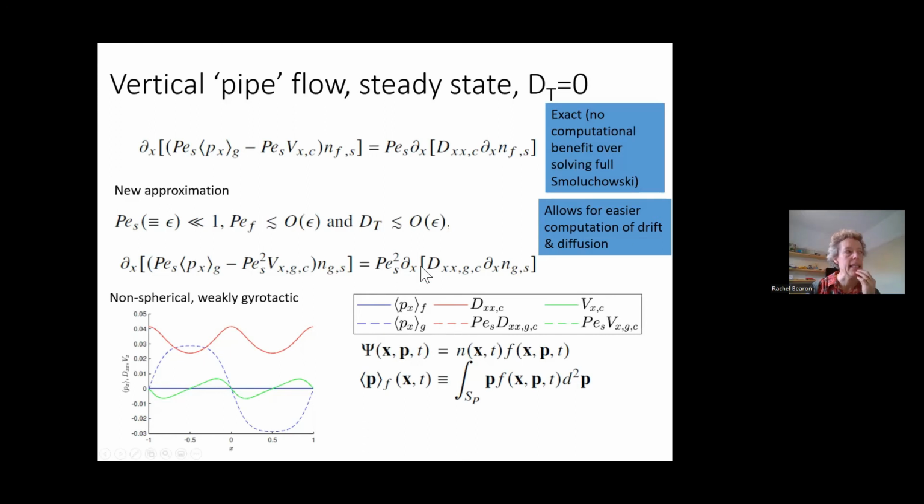So it's an asymptotic approximation where we're going to be assuming that the PES is a small parameter epsilon.